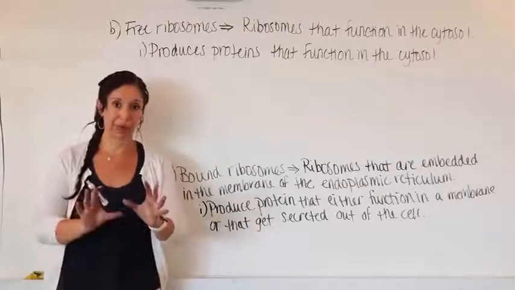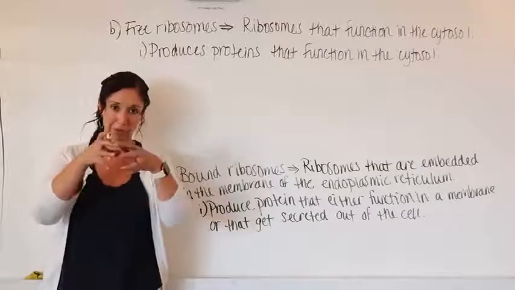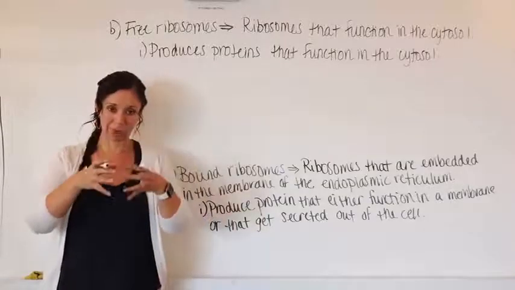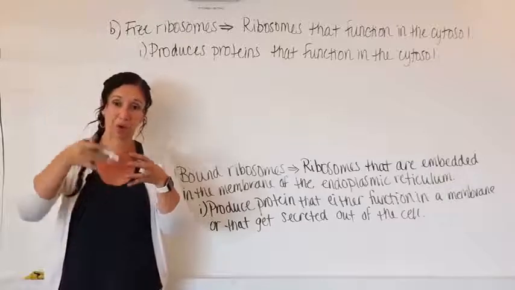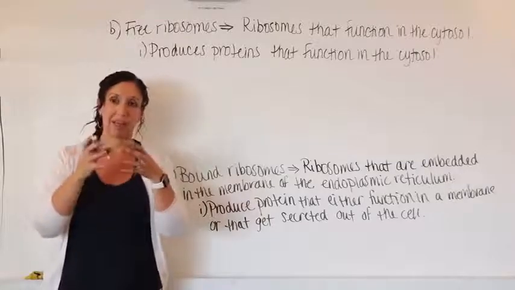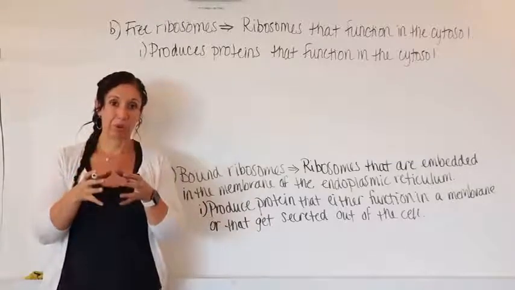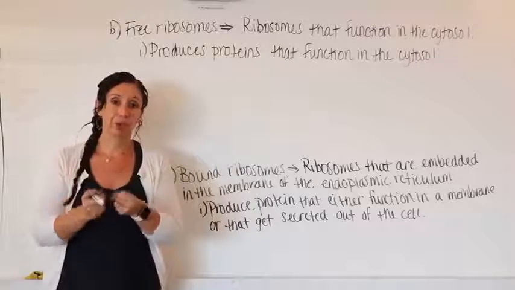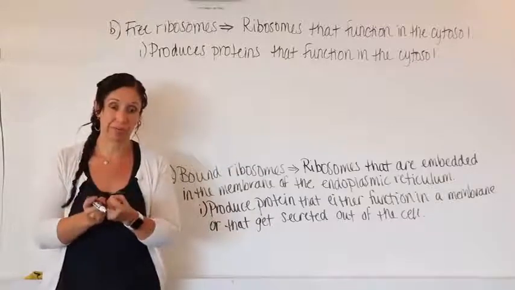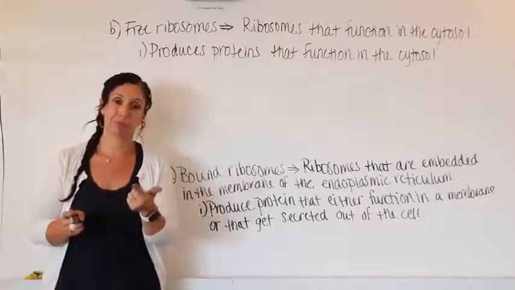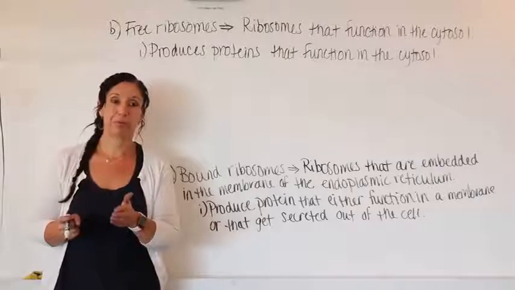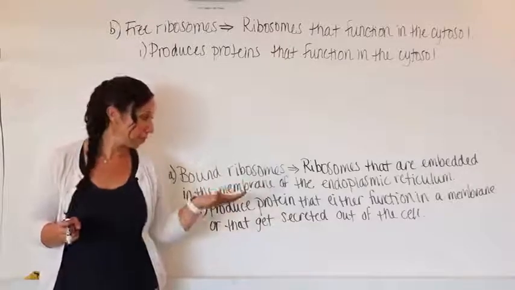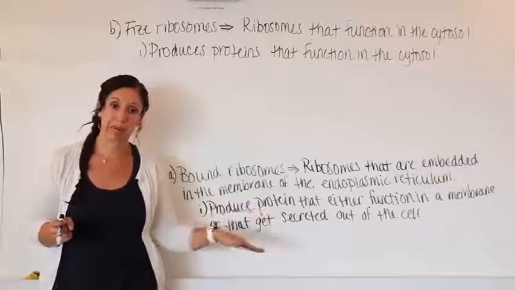Remember what an aquaporin is. It's that membrane-bound pore protein that allows water to go in and out. If I need to make an aquaporin, what type of ribosome would help make that protein? A bound ribosome or a free ribosome? A bound ribosome, because bound ribosomes make proteins that function in the membrane.